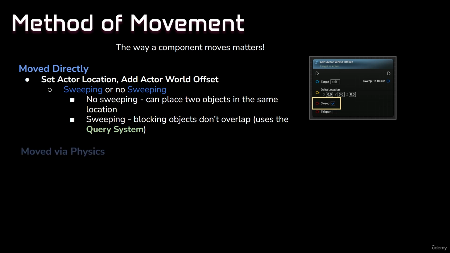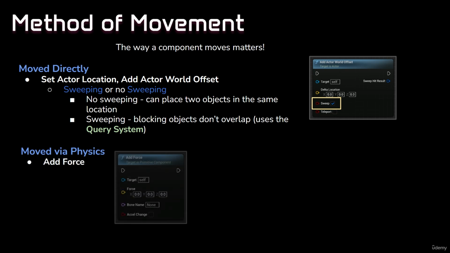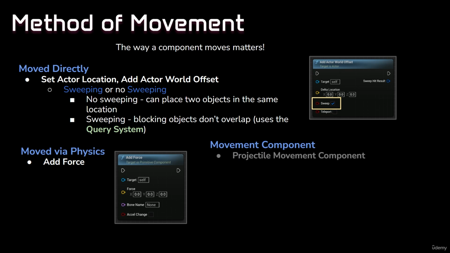Now, objects can also be moved via the physics system. Objects simulating physics are moved with forces. So we can move objects with functions that add forces, such as addForce. Once we add force to a component, we then leave it up to the physics system to handle moving that object. And finally, we have movement components, and these are more sophisticated ways to move objects.